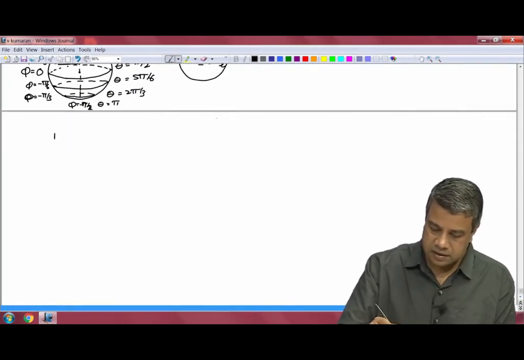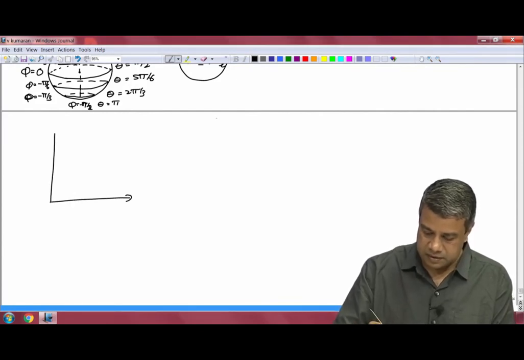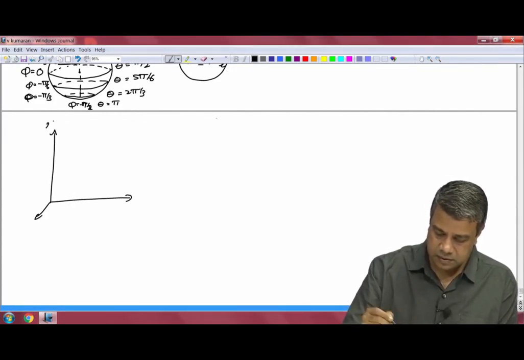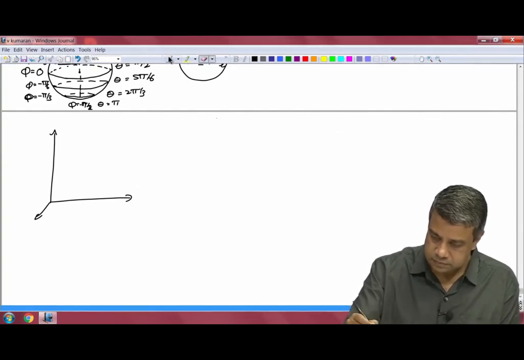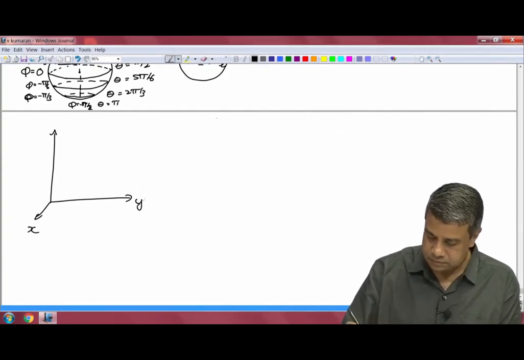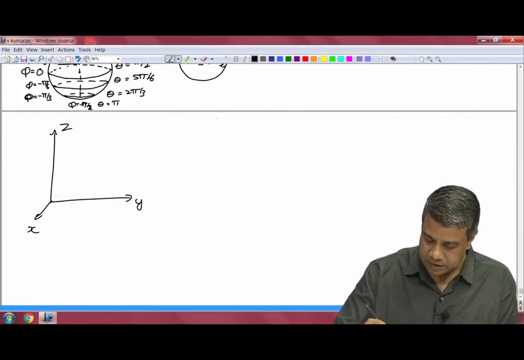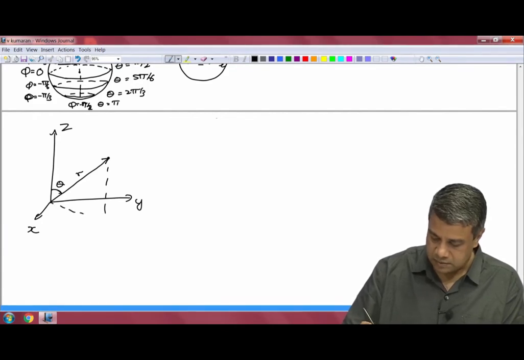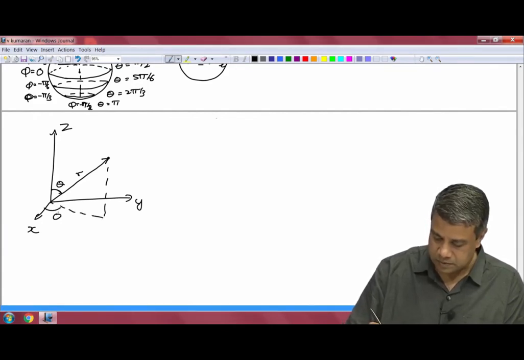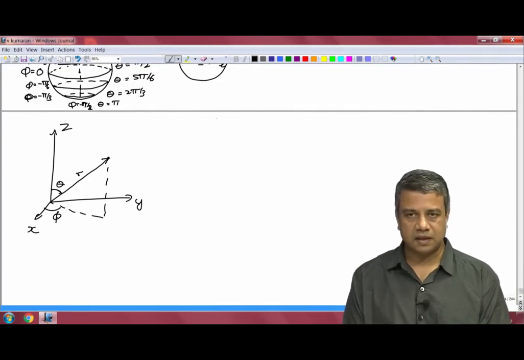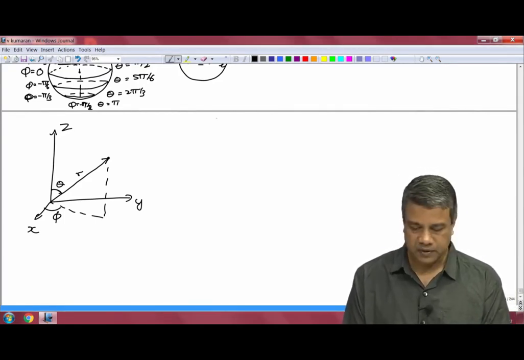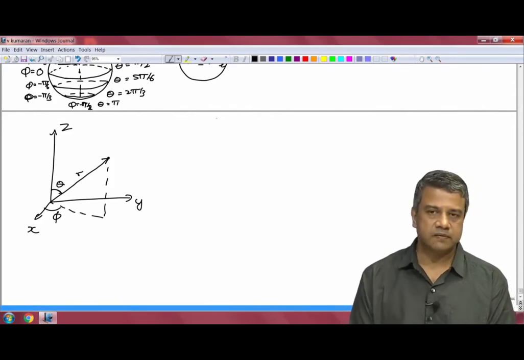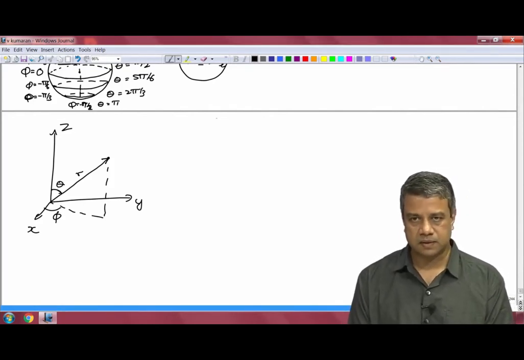Now, we have to construct a differential volume for doing a balance. At a location, which is described by the coordinates r, theta, and the third one, which is the angle made with respect to the x axis phi of the projection of the unit vector, I am sorry, the projection of the displacement vector onto the xy plane.